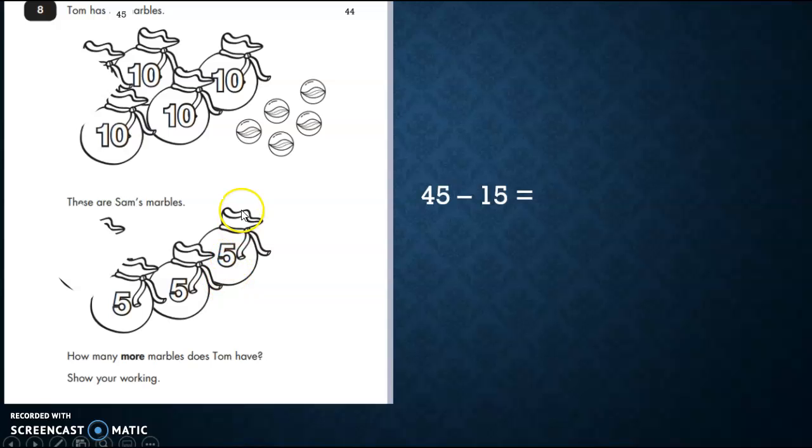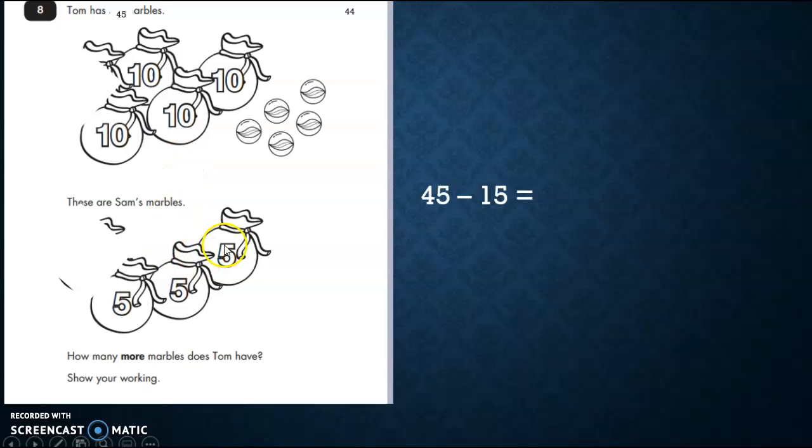So you'd look and go, what's the difference between this number 45 and these? You'd look at this and think, right, 5 add 5 add 5 is 15. So then you could think about the difference between 15 and 45.